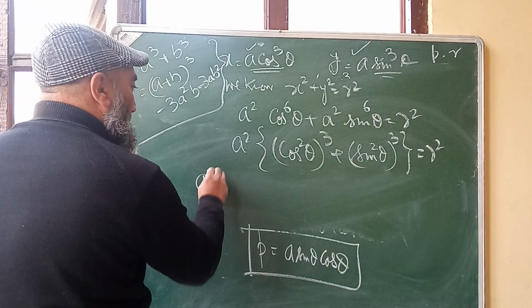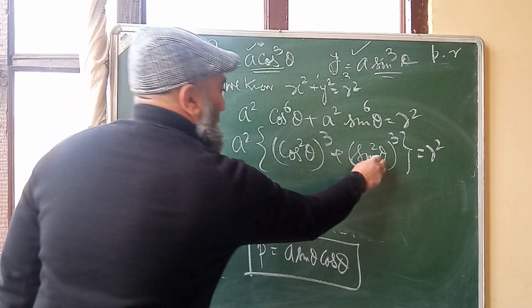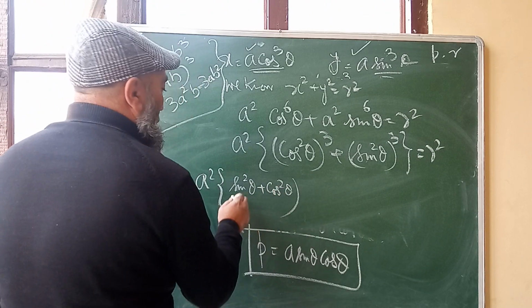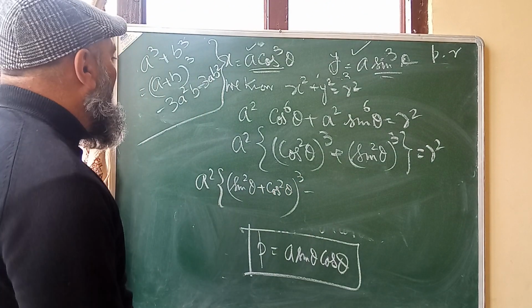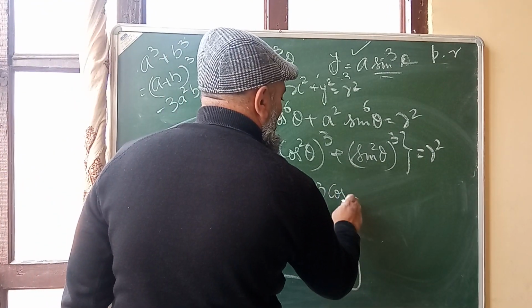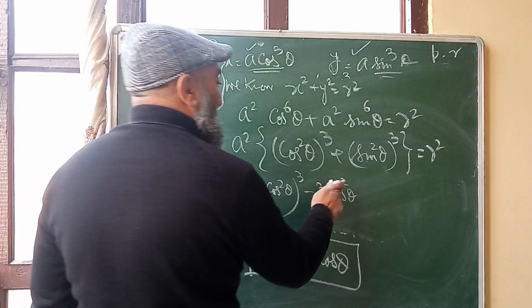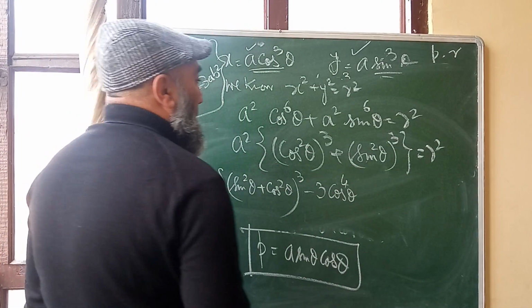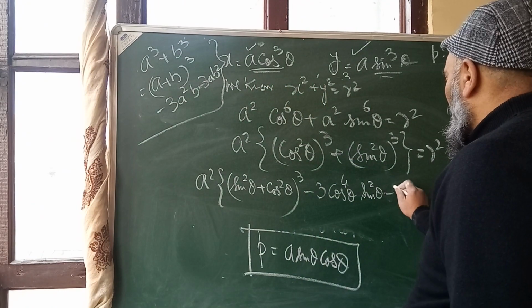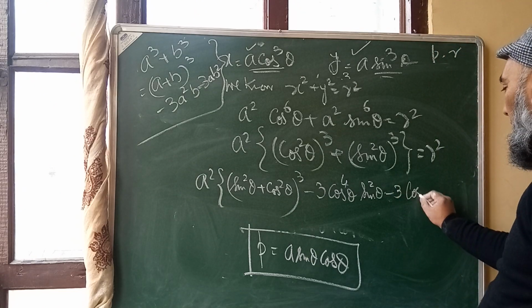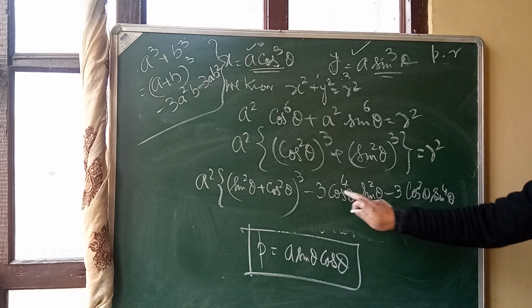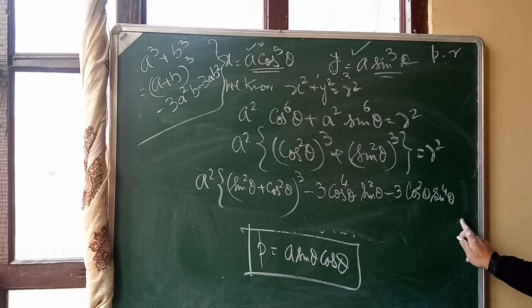So this is a square, a plus b whole square, sin square theta plus cos square theta whole cube minus 3a square b, 3ab square, right?